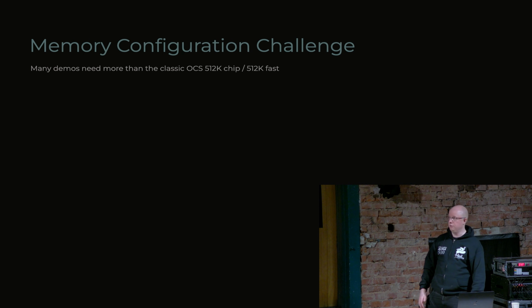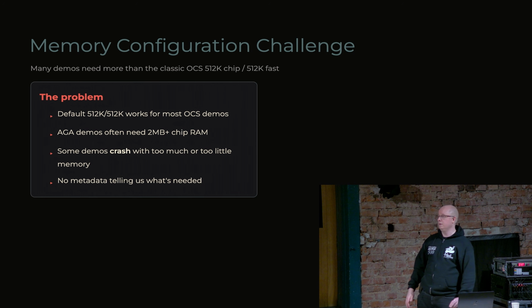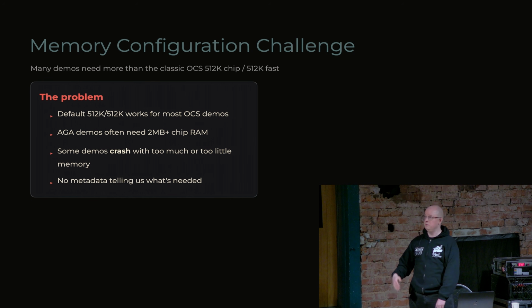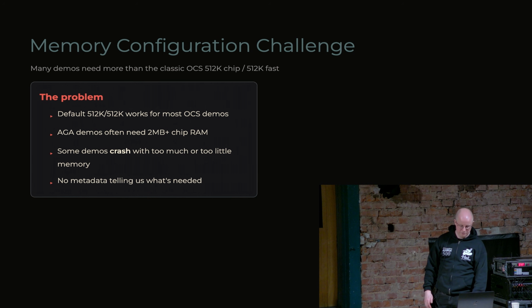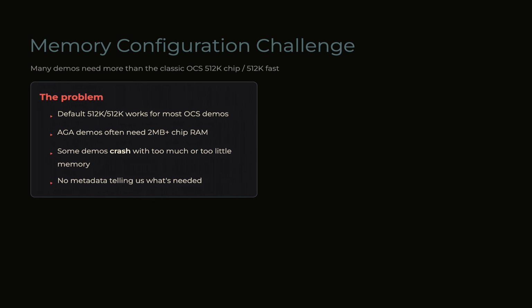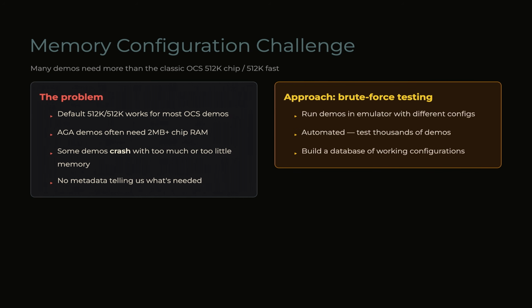Another thing, of course, for the Amiga is that many demos need more memory. So how do you figure that out? There's no metadata that tells us what we need to run a demo. Something I've been thinking about is to download all the demos and try to run them on an emulator and build a database to use going forward.